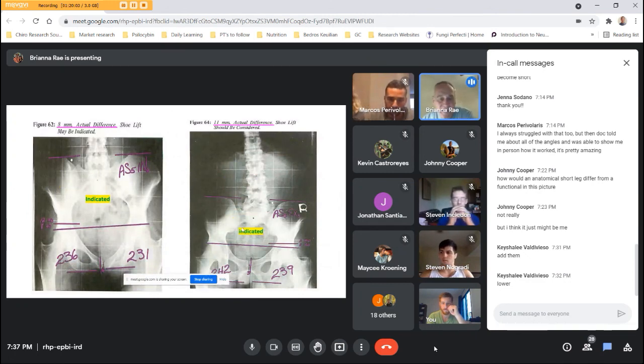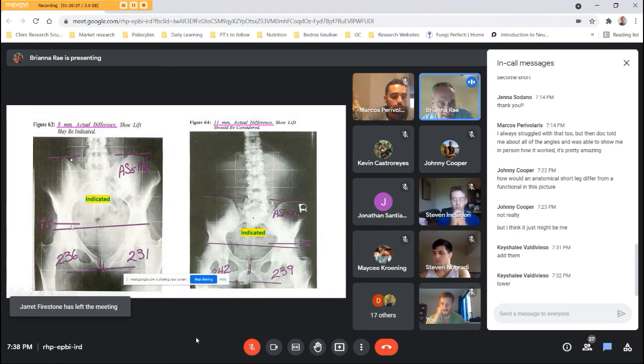So let's say, here's two examples of where a heel lift would be indicated. We think they need 8 millimeters to take care of the leg length deficiency. On this one, the left side of the sacral base is a little lower than the right, which is the same side as the short leg.